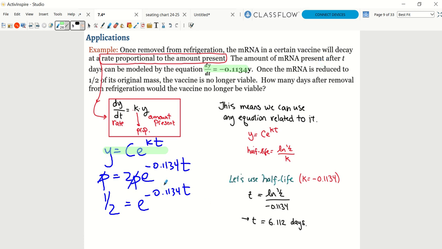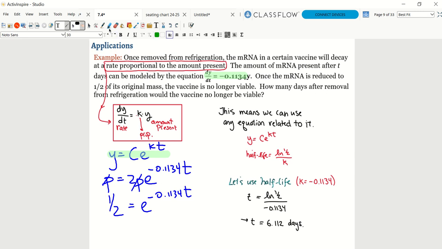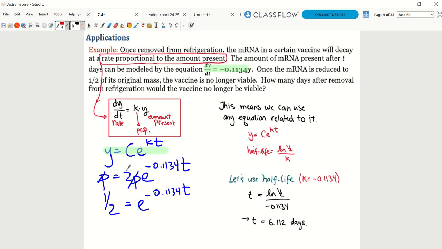It says half-life, so what you can do is go P here, and then 0.5 P there. And then you plug in, this is your rate.